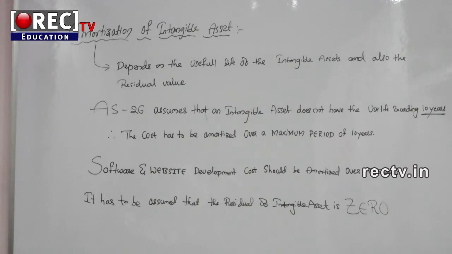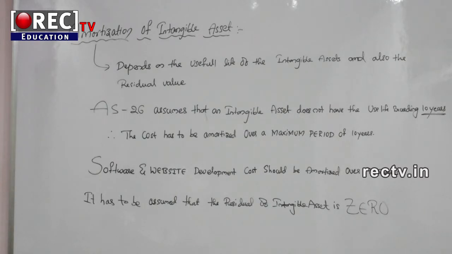What is the meaning of amortization of intangible assets? For example, now you are dealing with fixed assets. Every year you will depreciate that fixed asset and transfer the depreciation amount to the P&L account. So over the period of the asset, it will be going through the P&L account.